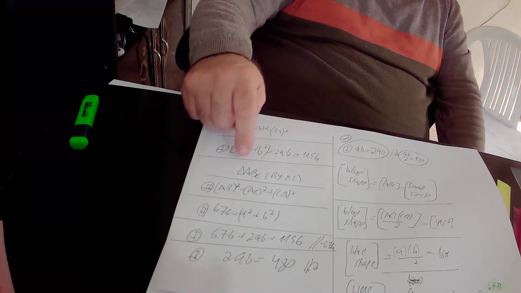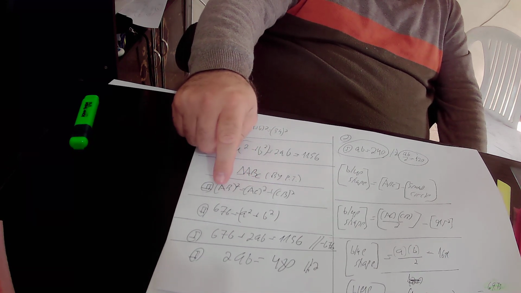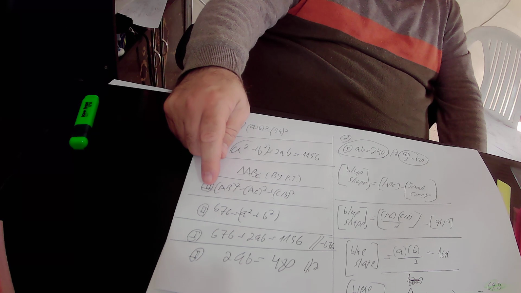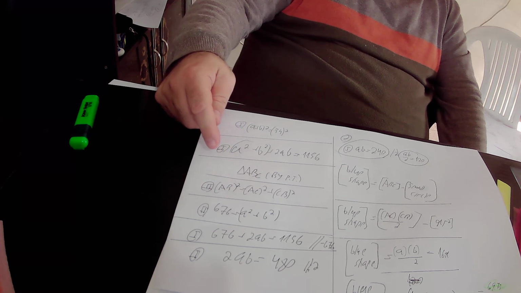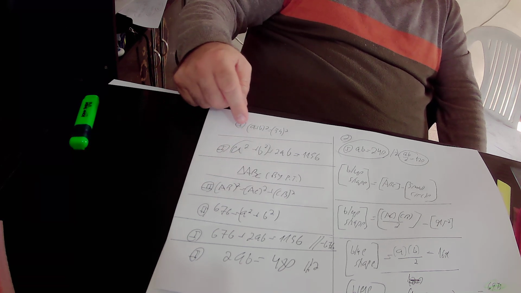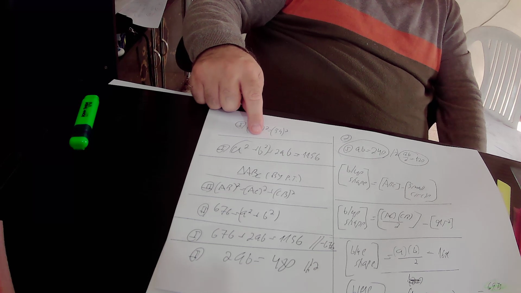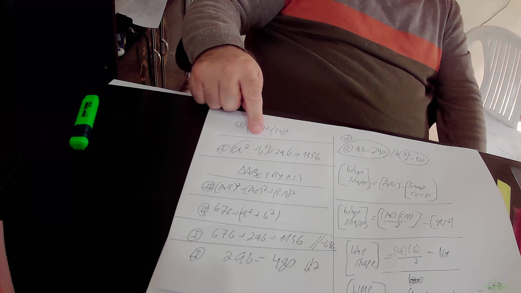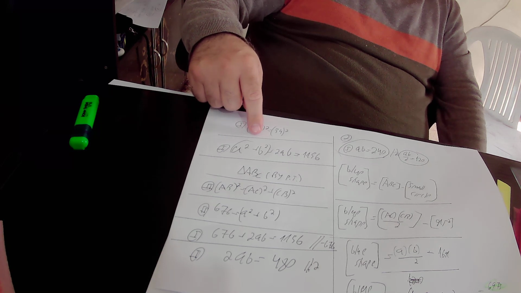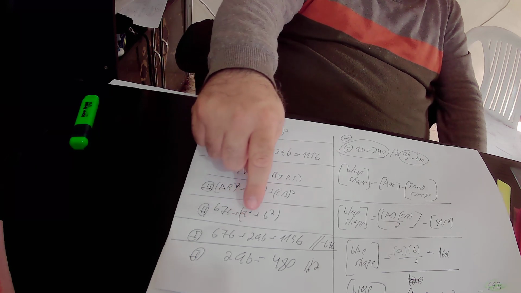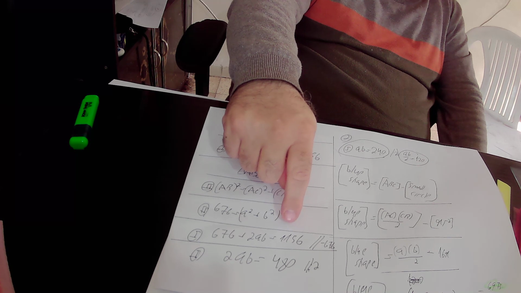Because A squared plus B squared equals 676 according to equation number 2, we can substitute A squared plus B squared in equation number 1 by 676. We got that A squared plus B squared, which is 676, plus 2AB is 1156.